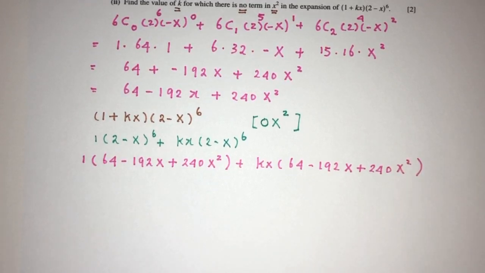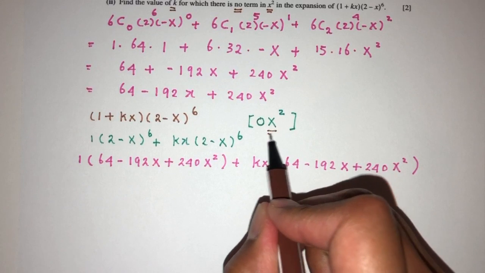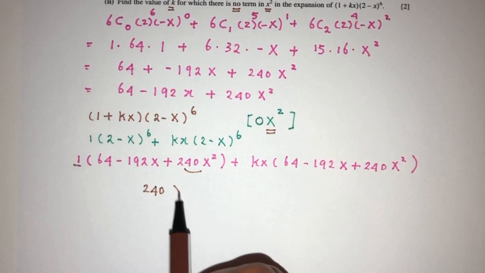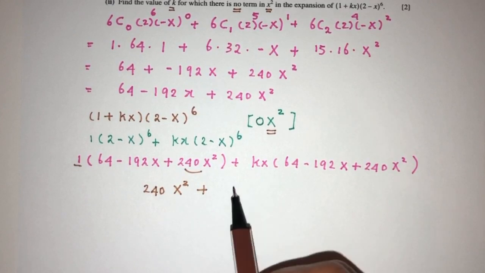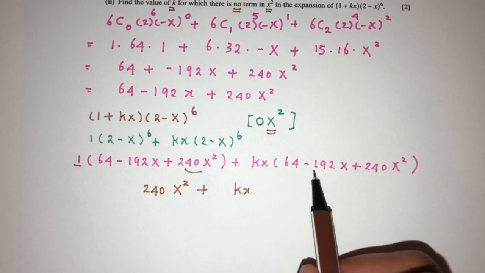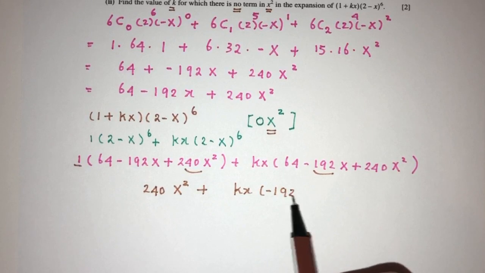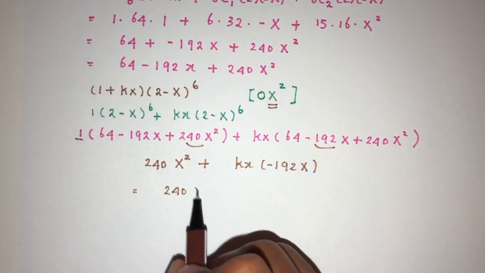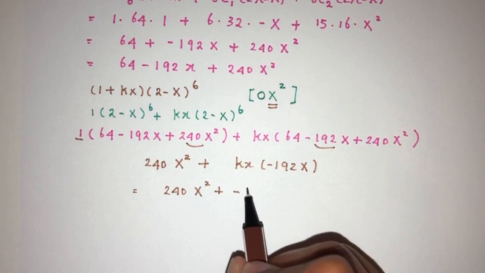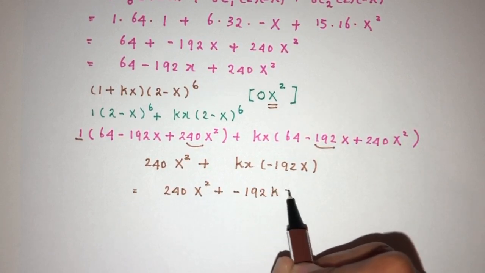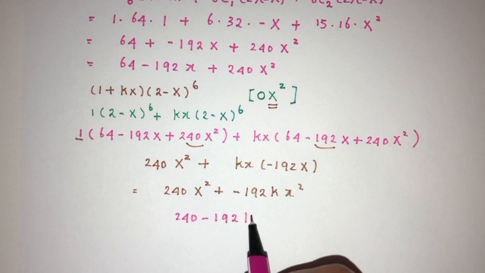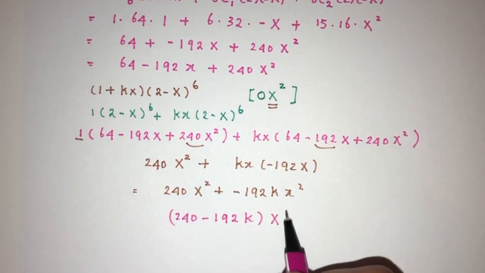Now here in this question we only care about the term in x squared. So 1 times this one, 240 x squared, plus kx multiplied by this one, minus 192x, because we only care about x squared. This will give you 240x squared minus 192k x squared. We know if you factorize, you will have 240 minus 192k, that will be x squared.